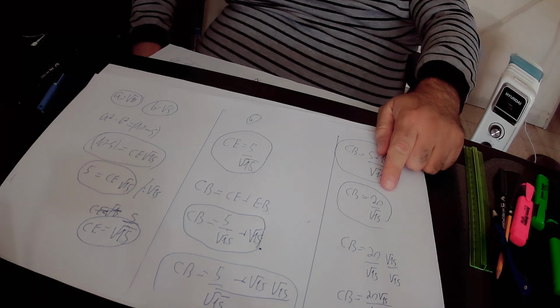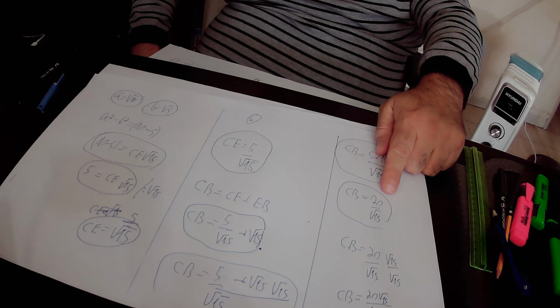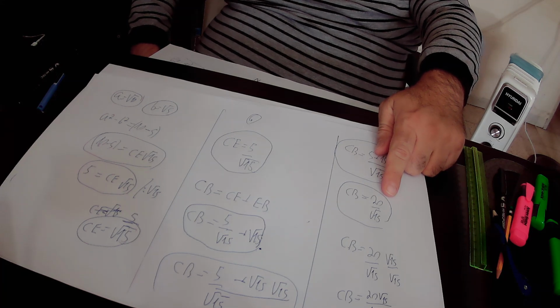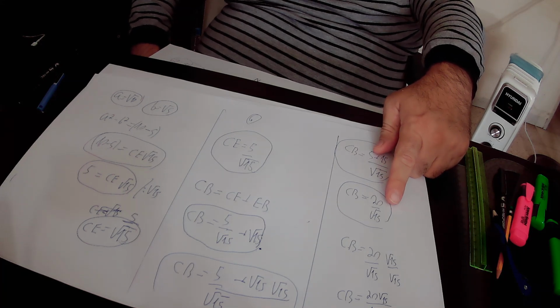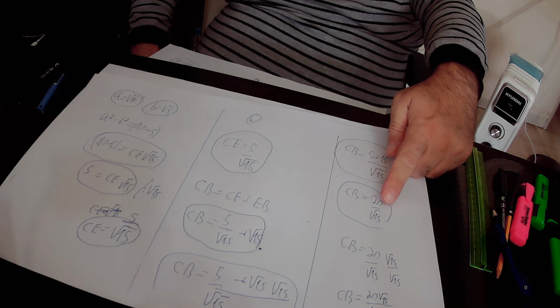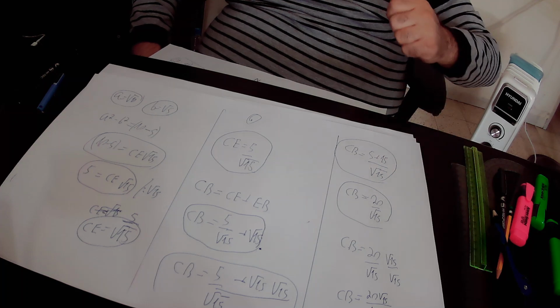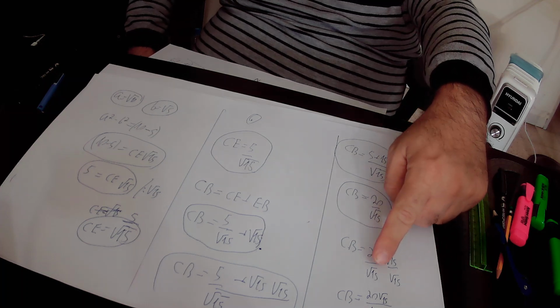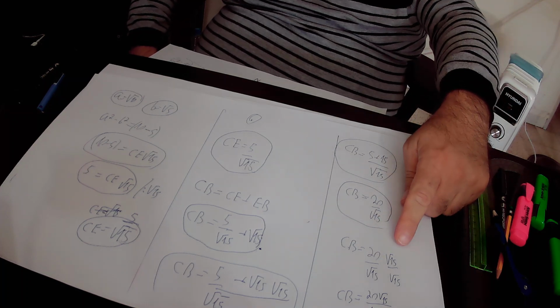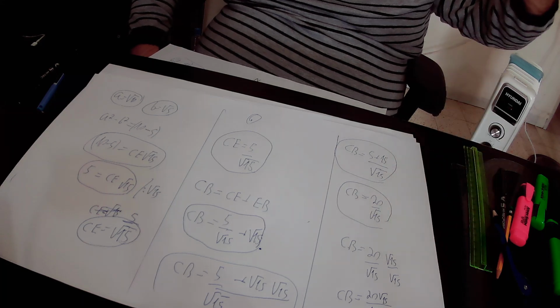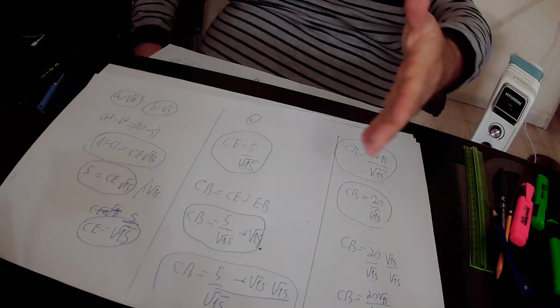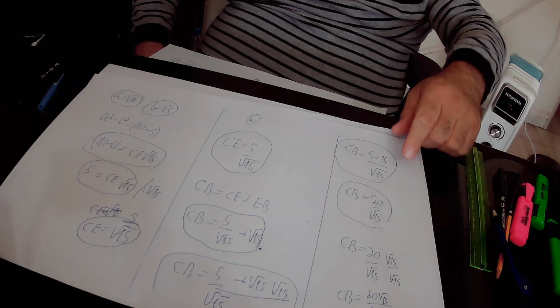Here we multiply this expression by the square root of 15, and then we divide it by the square root of 15 in order to eliminate the square root in the denominator. So the expression is 20 over the square root of 15. We multiply it by the square root of 15, and then we divide it by the square root of 15. We actually multiply it by 1, so we change nothing. Therefore, it is allowable.